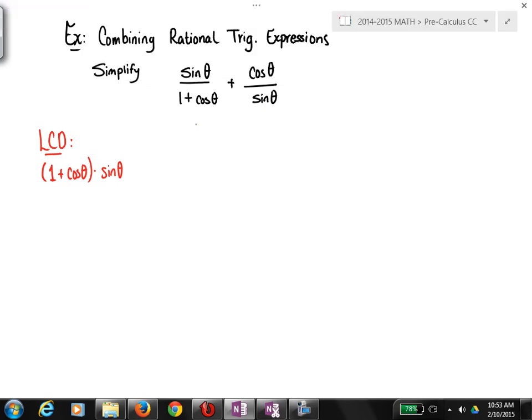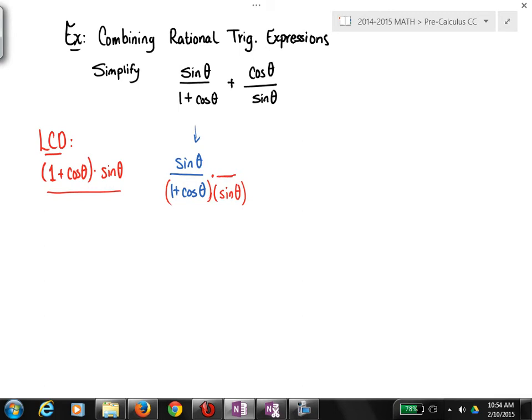I have this fraction right here, sine of theta over 1 plus cosine of theta. Now it does require this denominator, that 1 plus cosine of theta times sine of theta. So I look at the denominator that I have right now, and I notice that it's missing a times sine of theta.